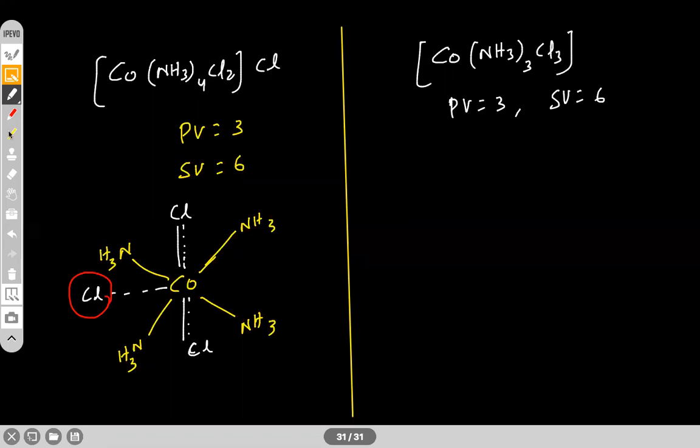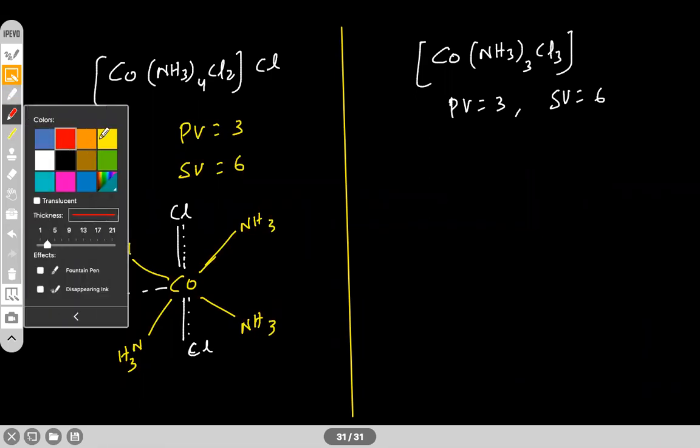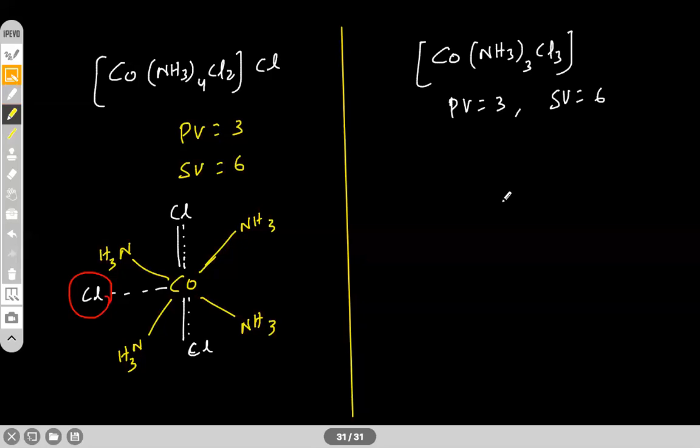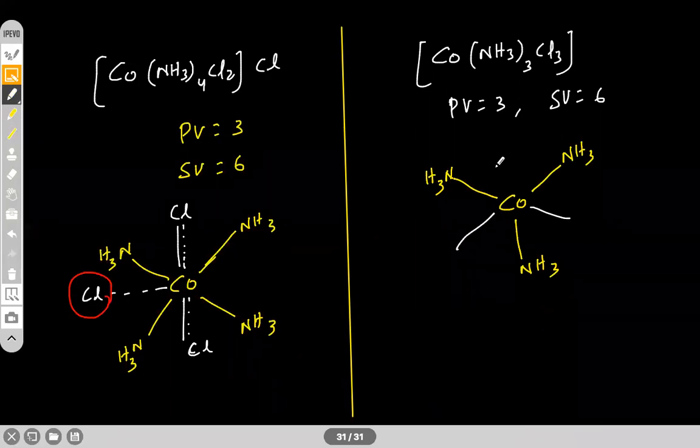When you draw the structure here, the structure is this. Co, NH3, NH3, and chlorine is here, 1, 2, 3.